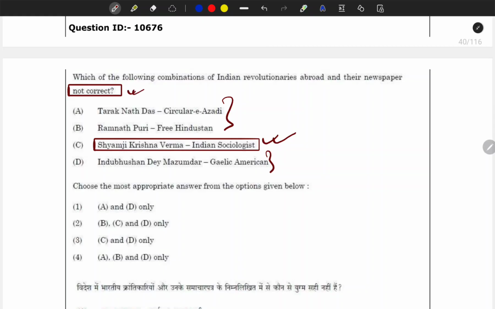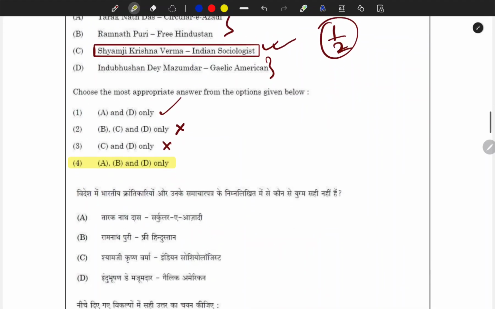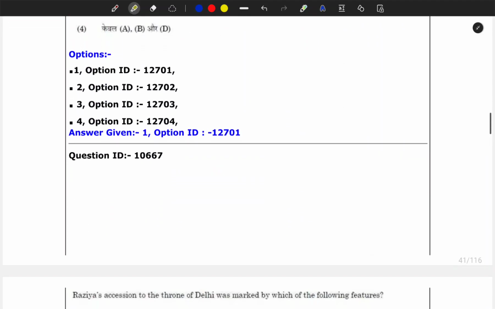Here you have to select the incorrect options, so in our option, C should not be there. If C should not be there, then we have only two options, this one and this one. For me this is a 50-50 question, you can go with either 1 or 4, but the correct option is 4. All the other literature are wrongly matched.